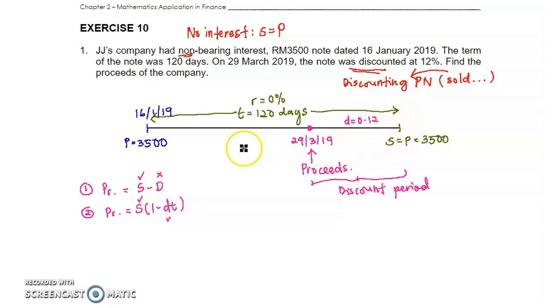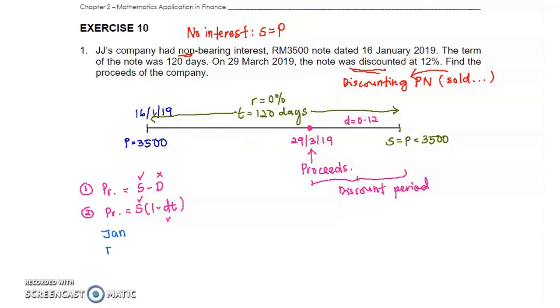So what you can do is calculate the number of days from 16 January until 29 March, meaning how long you kept the note. Once you get the number of days here, 120 minus that number of days will give you the discount period. So now let's calculate the number of days from 16 January until 29 March.